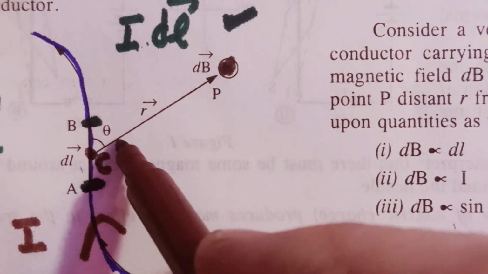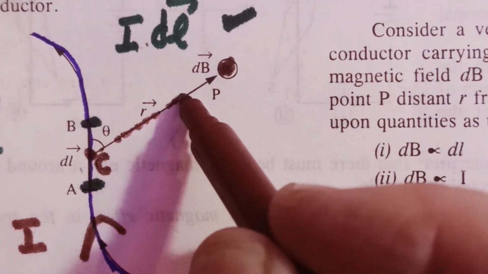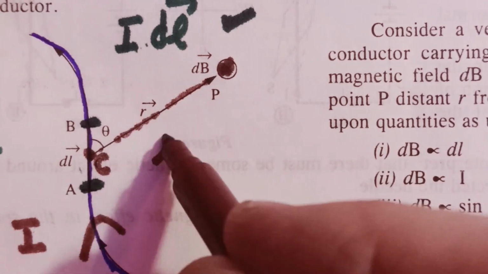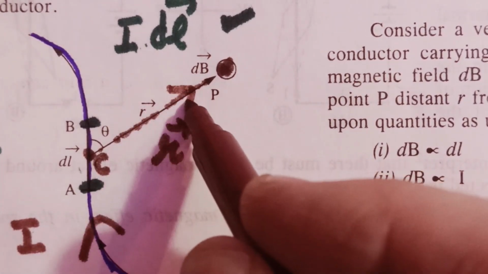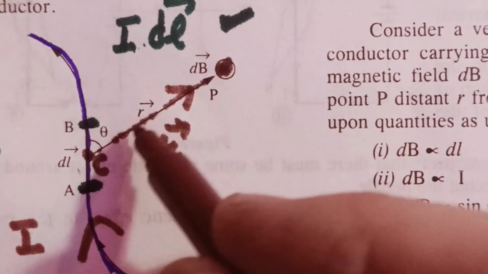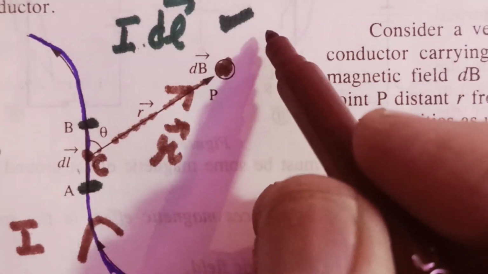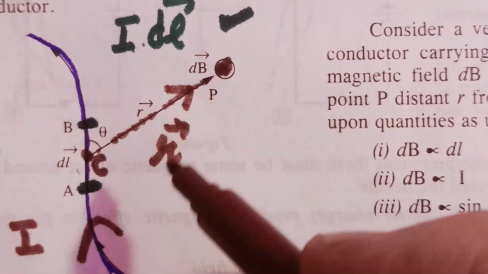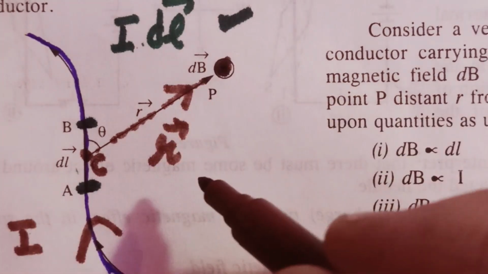I join C to that point, and this vector is called the r vector. Its direction is outward, increasing in the outward direction. So this is our r vector, and we are interested in what the magnetic field is here.